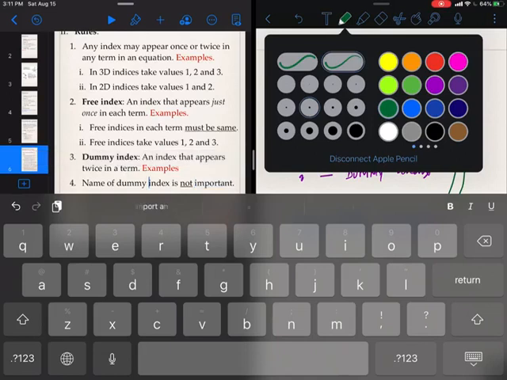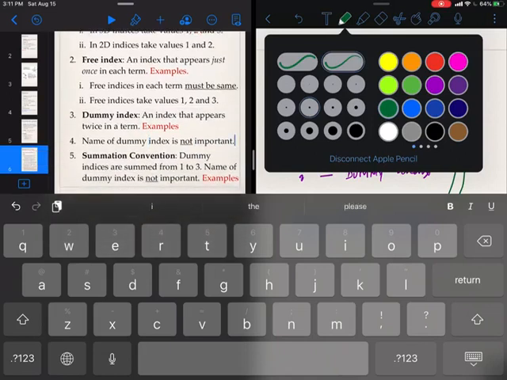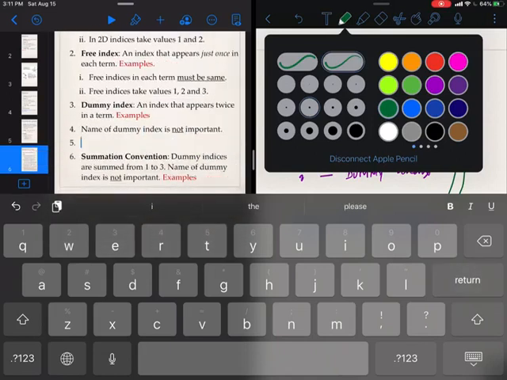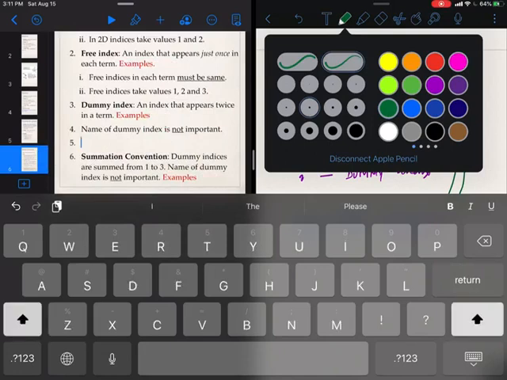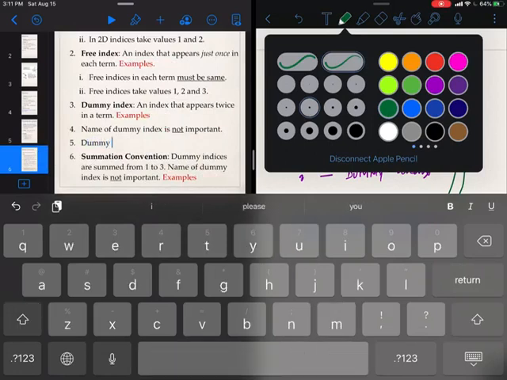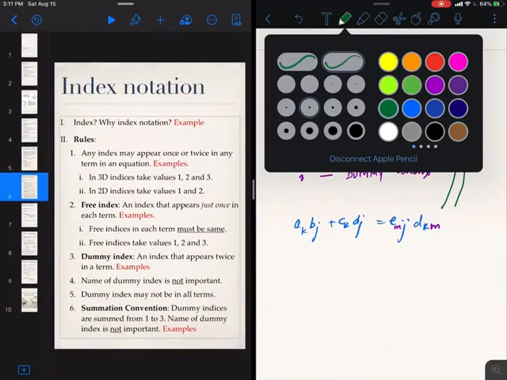What we are saying is that a dummy index may not be in all terms.